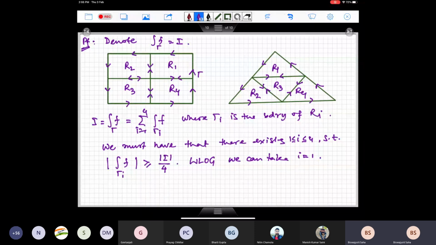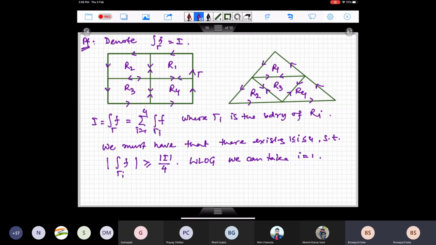And then the integral is nothing but the sum of the integrals of f over the subrectangles or subtriangles, gamma i, where gamma i is the boundary of Ri. Since all of them add up to I, at least one of them must have absolute value bigger than or equal to mod I divided by 4.